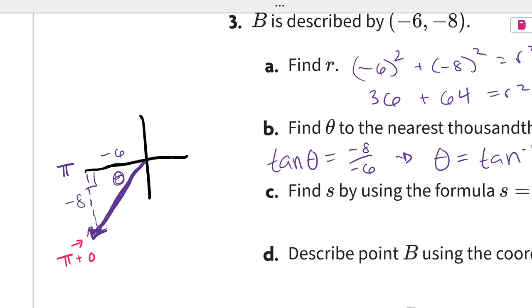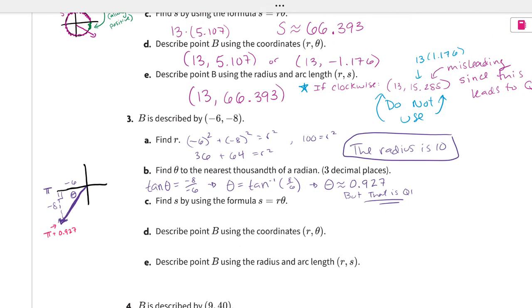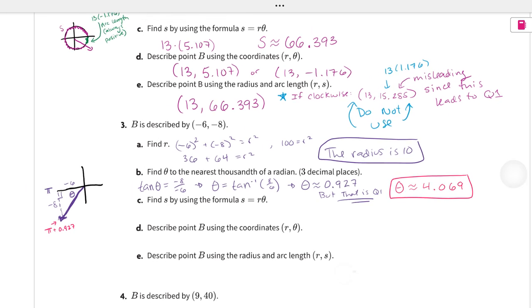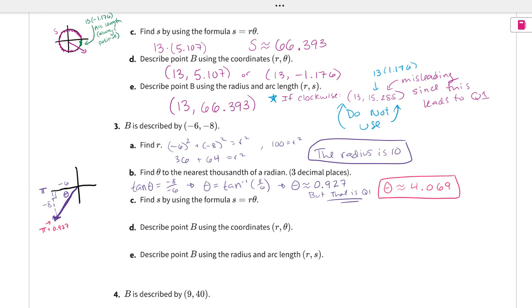We got 0.927. So I want to add pi to that. So our angle is roughly 4.069, and it goes 88, so I'm going to round it up to 9. Good. And remember, a whole circle is 2 pi, or about 6.28, so it makes sense that we get something around 4. Since halfway is 3.14, we can see we're past the halfway point.